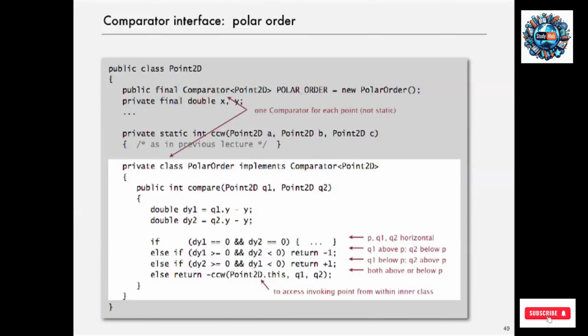It implements the compare method that takes two points as arguments, and with just a little bit of calculation, it's able to do the compare. So this code is the basis for applying the system sort method or any sort method for the Graham scan for the convex hull that we did at the end of the last lecture.